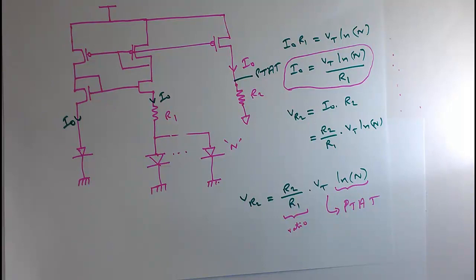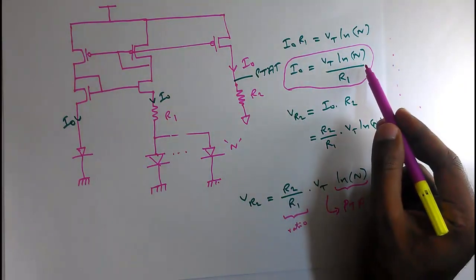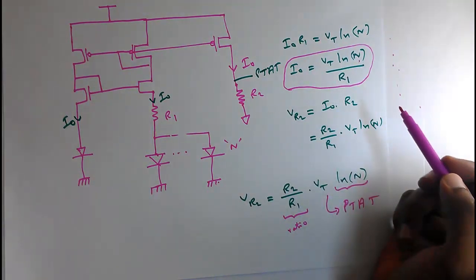So in this expression also, I0 is a PTAT, and we've said that because of this current mirror, I0 will be flowing through all these branches. So I0 equal to Vt by R1 into ln n. So ln n is a constant.